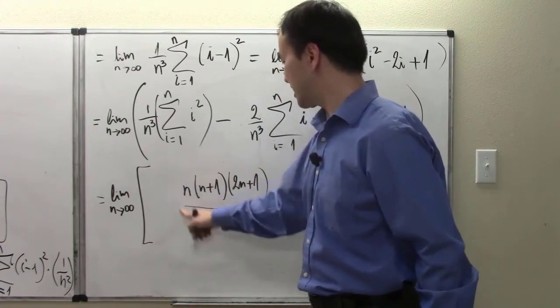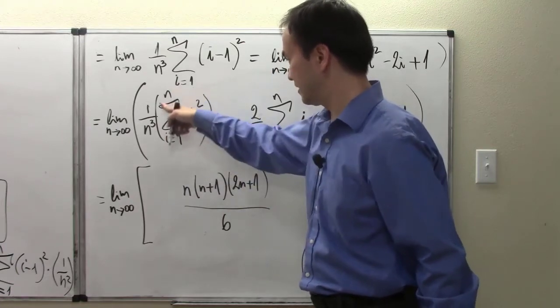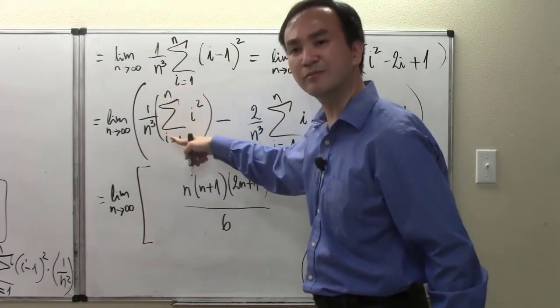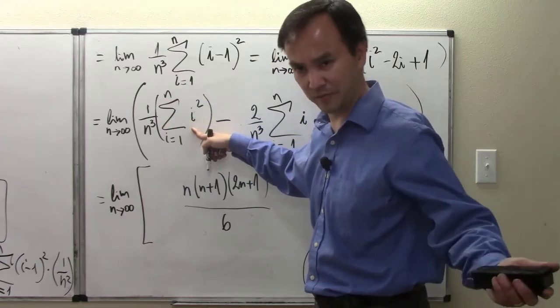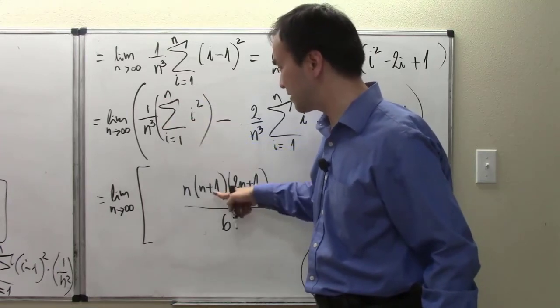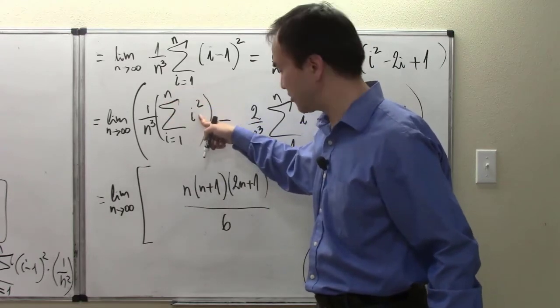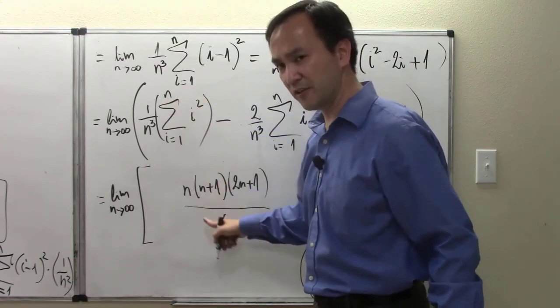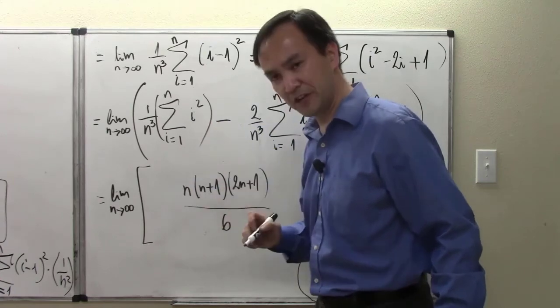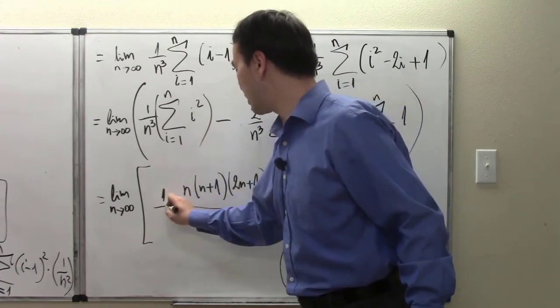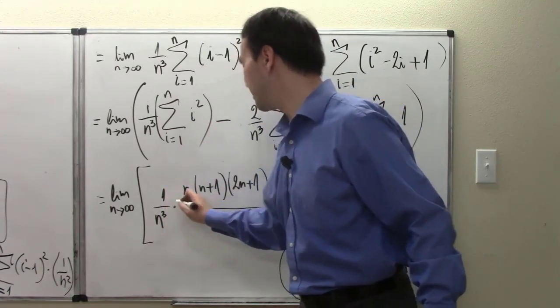That is the final expression in terms of n. If you're not familiar with that term, it's the final expression of this summation of i squared in terms of n. If you're not familiar with that, view my other videos. But it's now multiplied with 1 over n cubed in front.